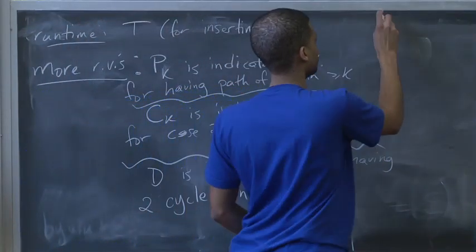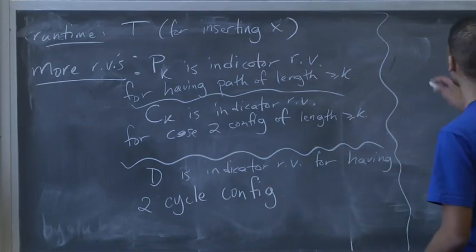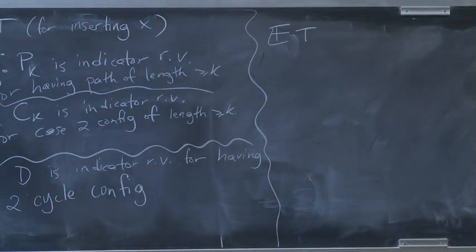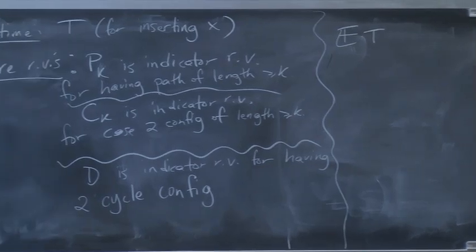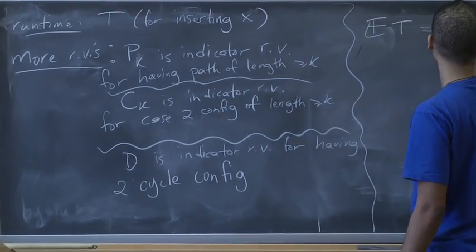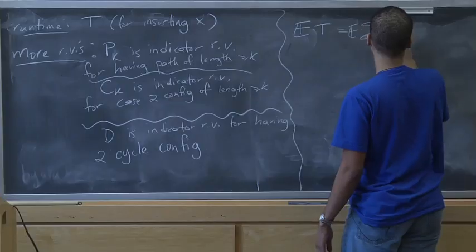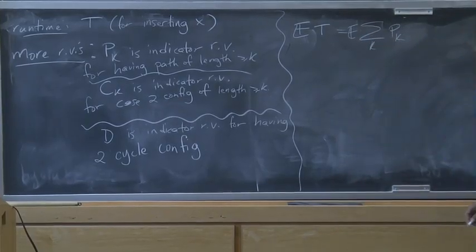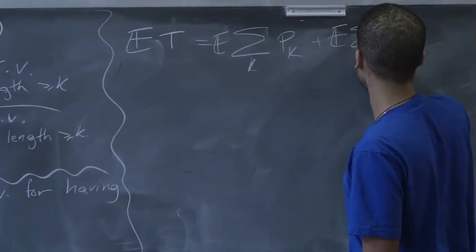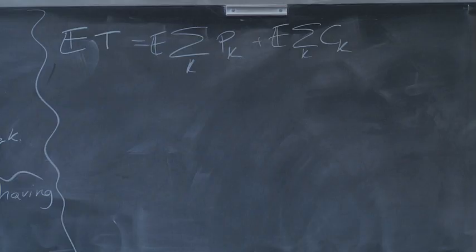Okay, so we can write down that the expected time is the expectation of the sum over all k of P_k, right, plus the expectation of the sum over all k of C_k. People agree with me?